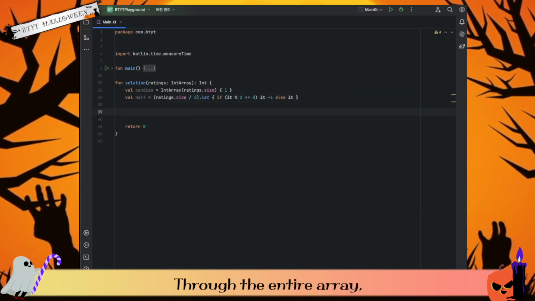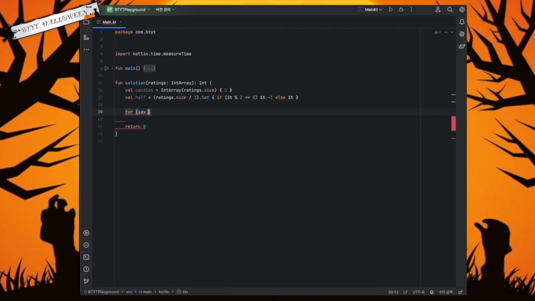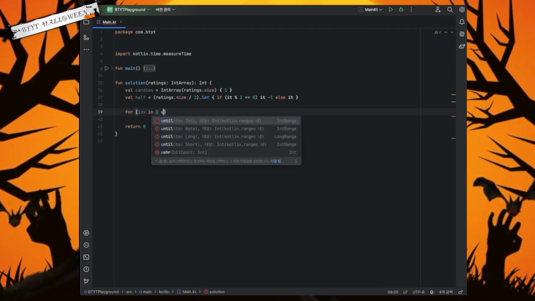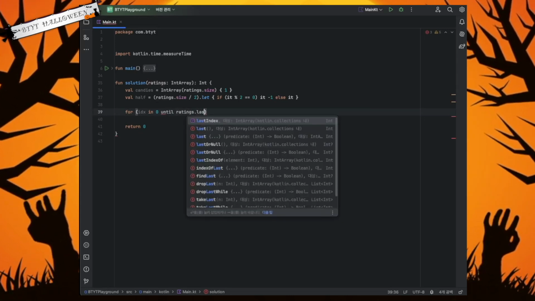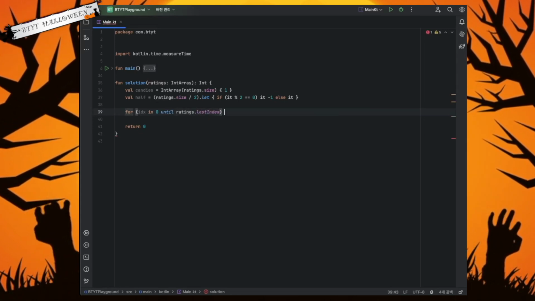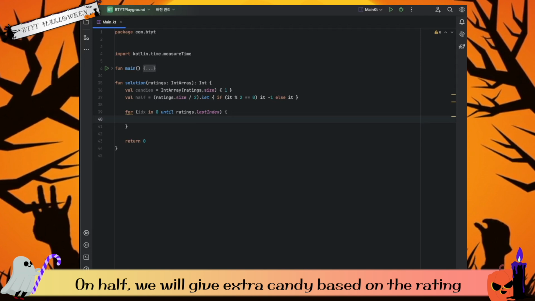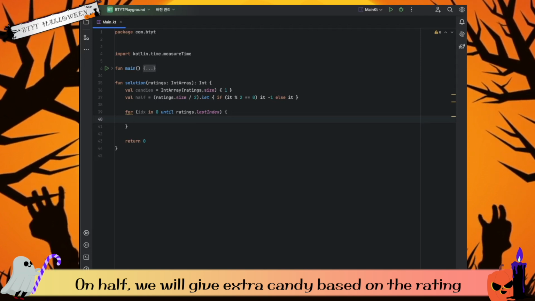Through the entire array, on half, we will give extra candy based on the rating.